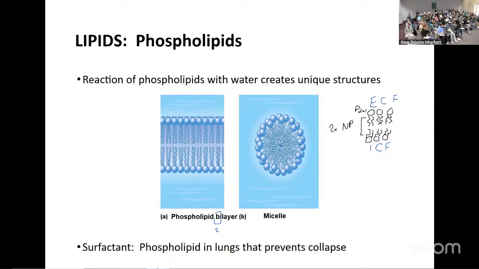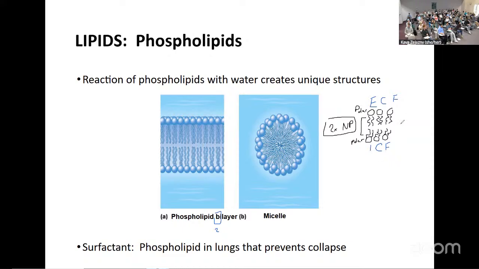Don't worry about the numbers if they don't make sense, but just notice that this is a really big layer. And then we've got that polar inside again. So when we start to think about membranes, we're really going to be focusing on that big, thick, nonpolar, hydrophobic region that forms in the center of the cell membrane.